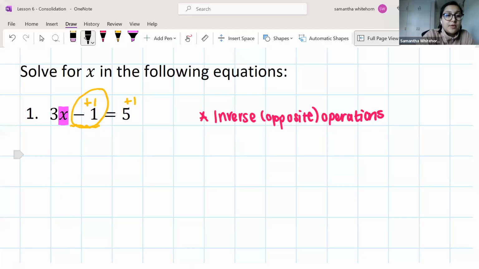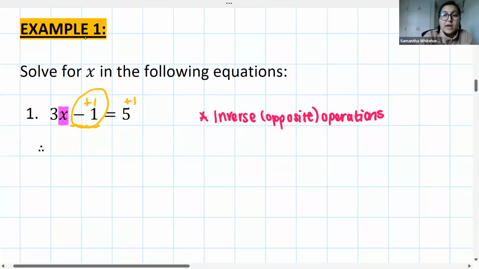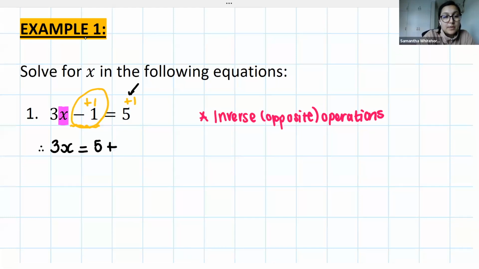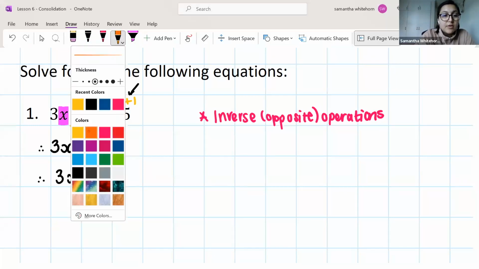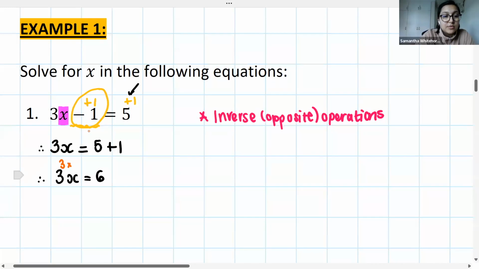And the inverse operation part comes in because now when it comes over the equal sign, we can see the sign has changed. It was a minus 1. It's now a plus 1. Right, now we know that 5 plus 1 is 6. And once we have dealt with whatever's been added or subtracted, we can now deal with the coefficient. Now remember, guys, this coefficient is saying 3 times x.